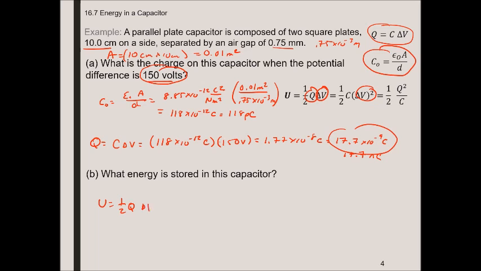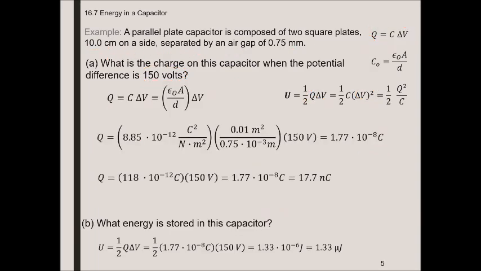U is equal to 1/2 Q delta V, which is 1/2 times that 1.77 times 10 to the -8th coulombs times the 150 volts, which gives me 1.33 times 10 to the -6 joules, or 1.33 microjoules. Here's all those values a little nicer written out.